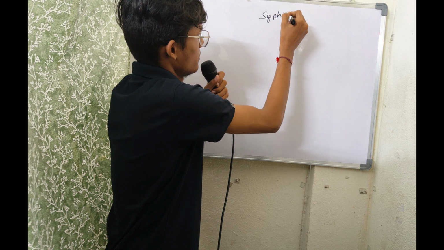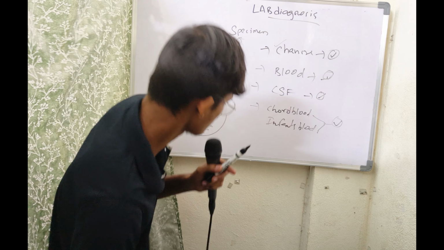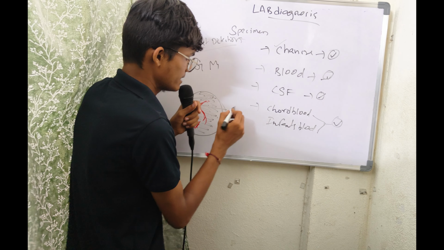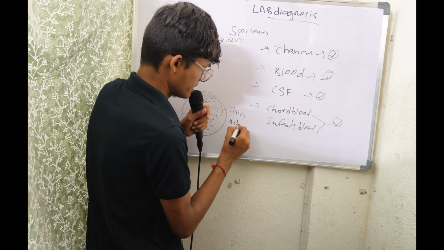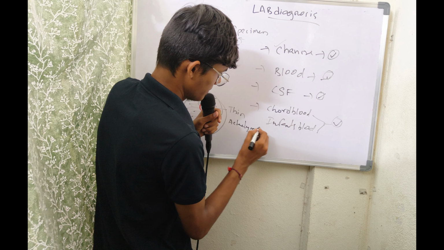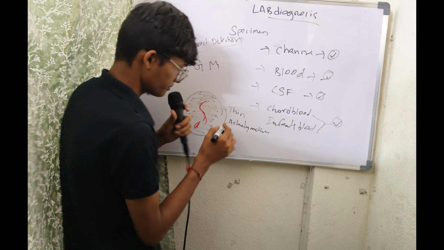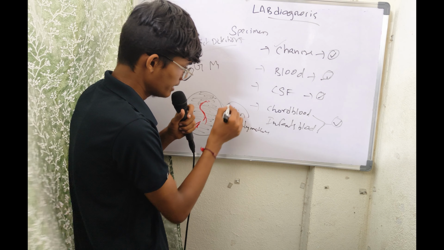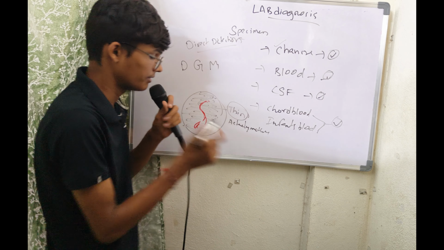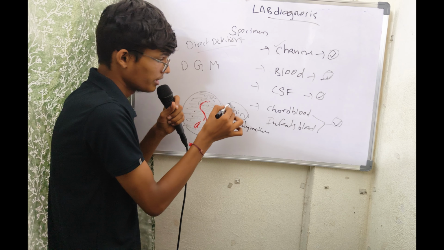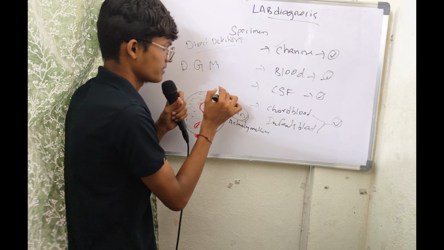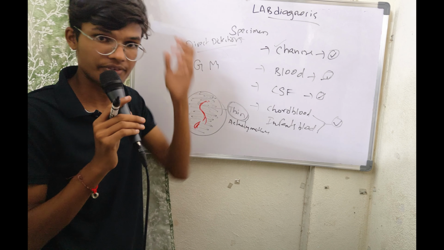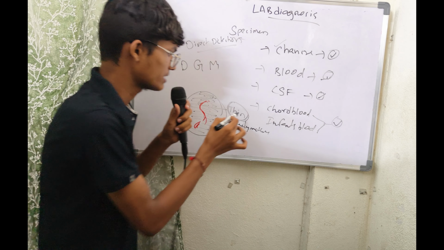Okay, what are the features then? It is very thin. It is actively motile. Due to its thinness, it can't take normal stains, like we can't do normal Gram staining because it is very thin.